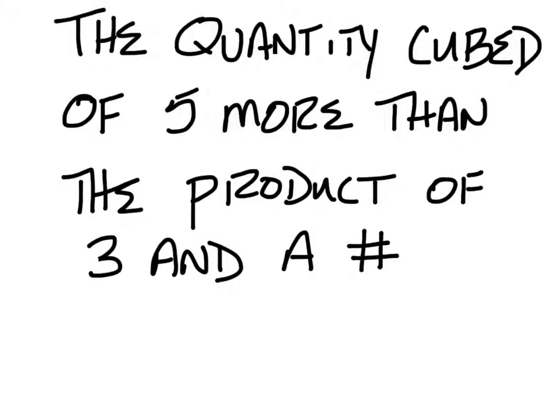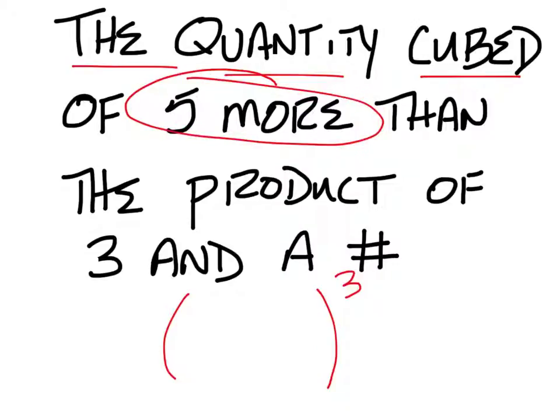The quantity cubed of 5 more than the product of 3 and a number. Where can we start, Bartley? That's right, that's the quantity cubed, so we've taken care of this. Now what? 5 more than means the plus 5 goes where? Left or right?